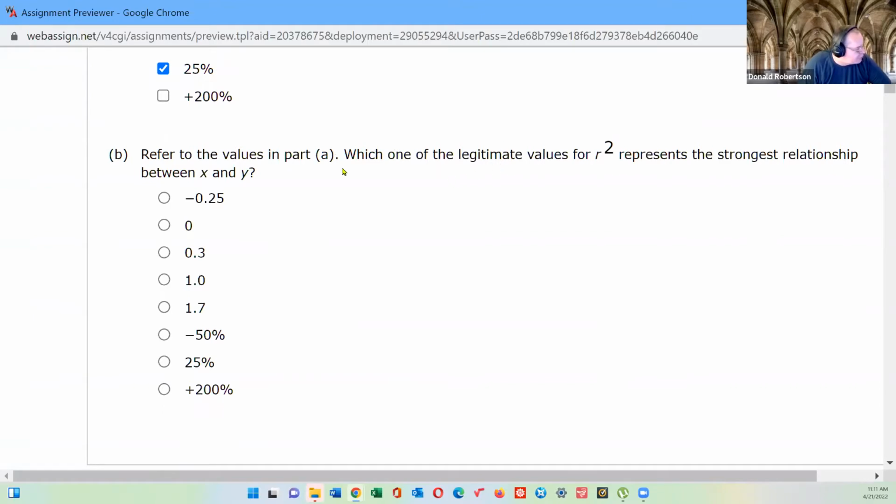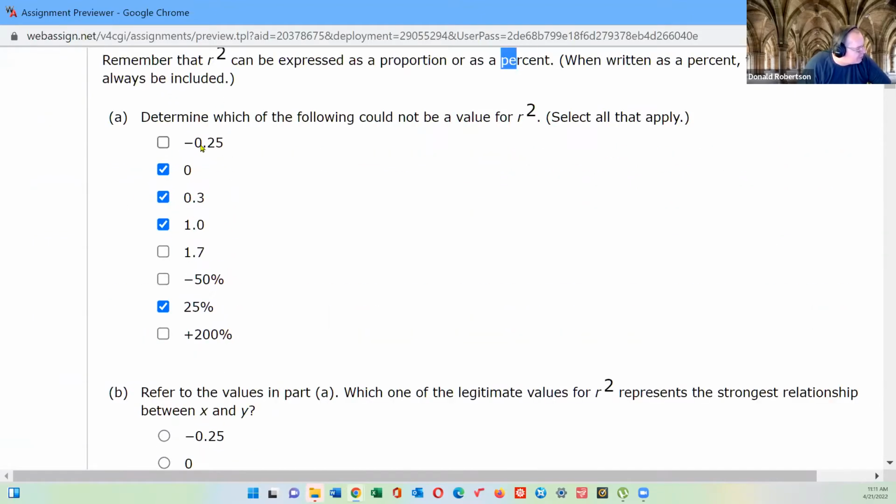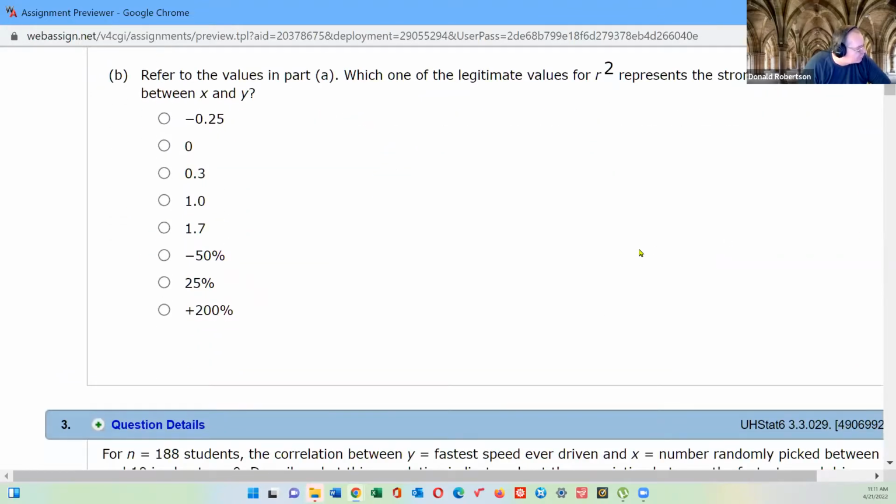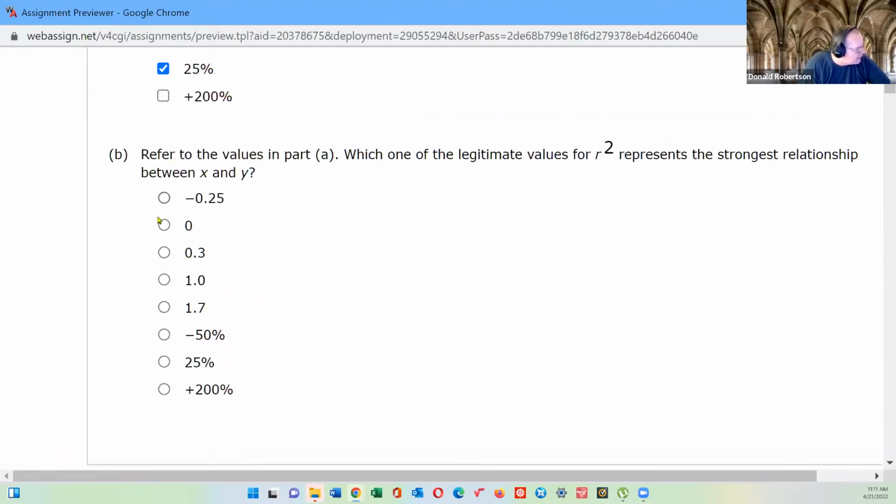So this question says, which one of the legitimate ones, that's these guys here, represents the strongest relationship? So in this list, which one of these, the ones that you can get, the usable ones, is the best fit in the world? It's only one of them, which is actually a clue.